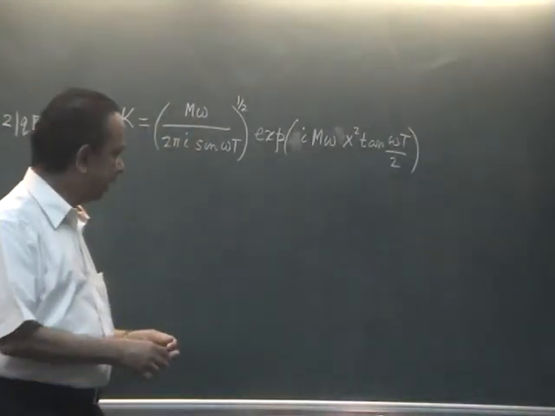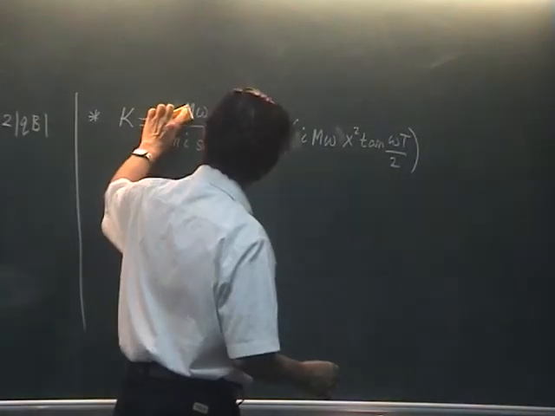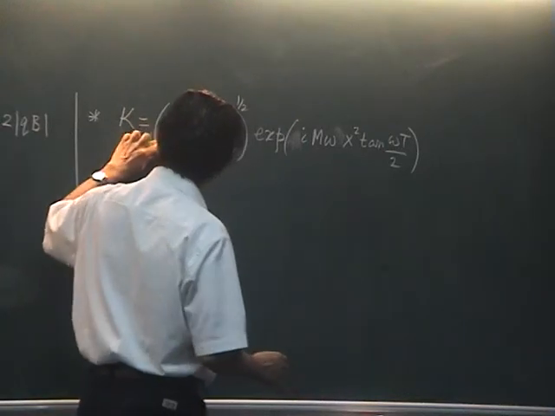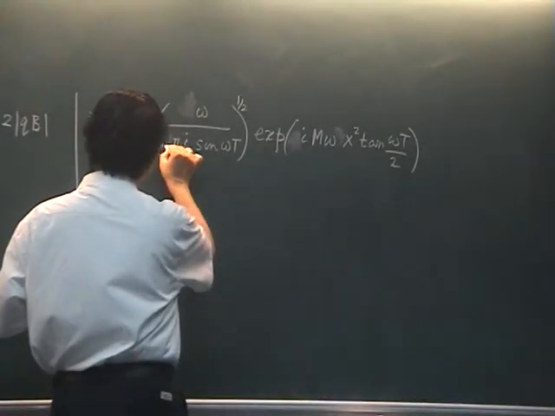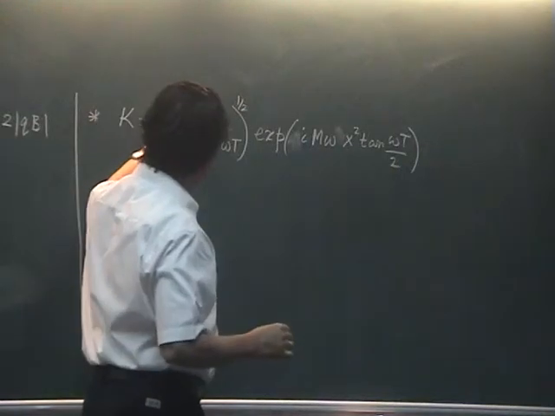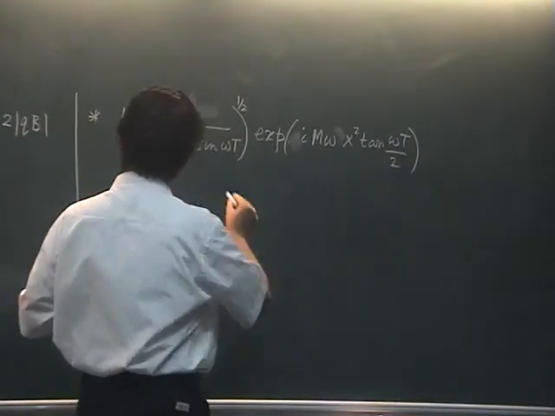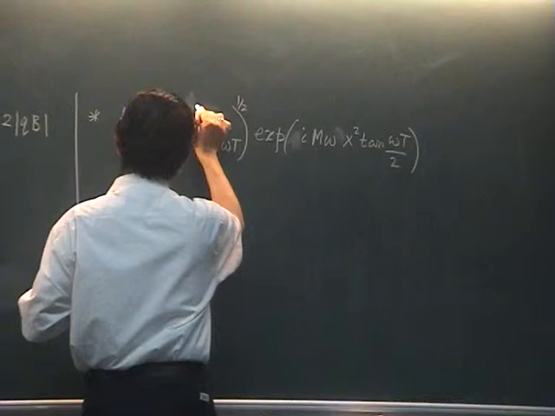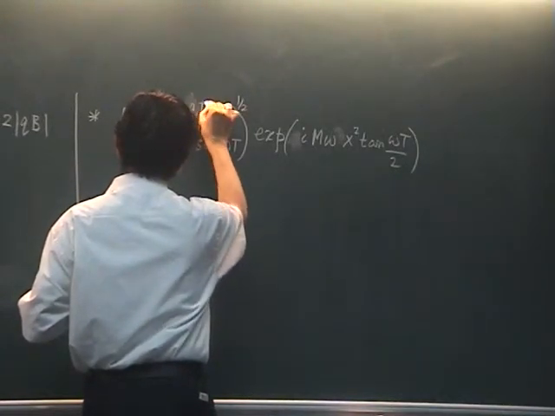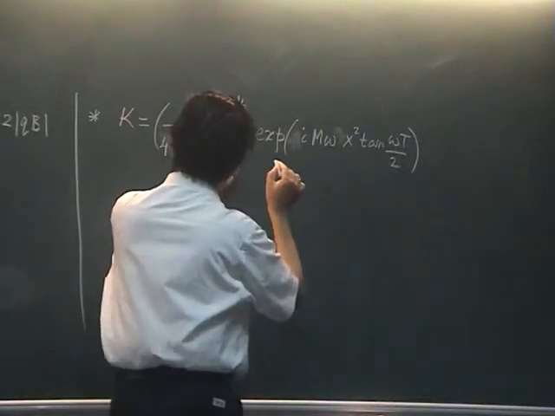So in this particular case, we know that m is equal to half. So that makes this 4. Omega is going to be either QB or QA. So let us do it for, let us say, QB. So this is QB.